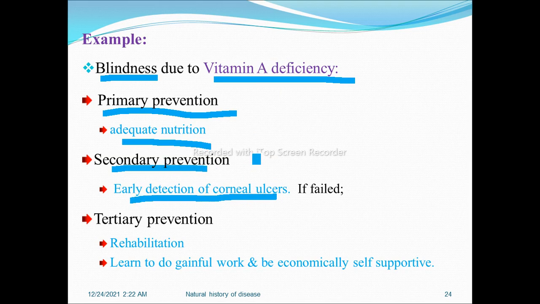Even if secondary prevention fails, there is tertiary prevention, where rehabilitation follows. Rehabilitation means learning to do gainful work and be economically self-supportive. That is an example of the three prevention levels.